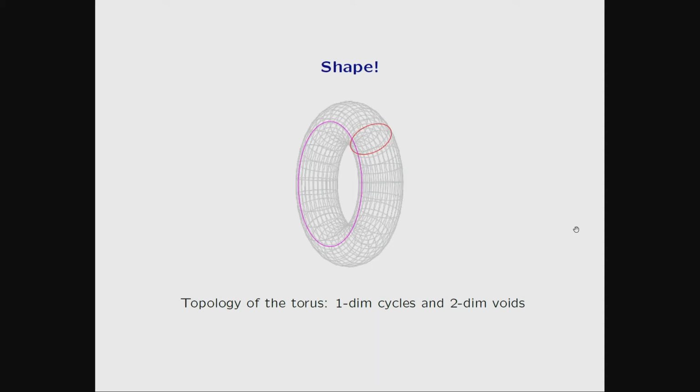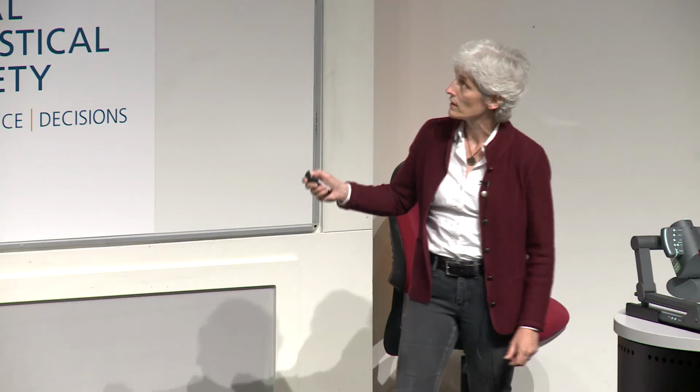Well, the 0 Betti number, which just tells me how many connected components there are, will be just 1. The first Betti number will tell me how many 1 cycles I have, and that will be 2. So the dimension of the space of 1 cycles will be 2. And the second Betti number will be 1 again, because there's basically 1 void in the whole thing.